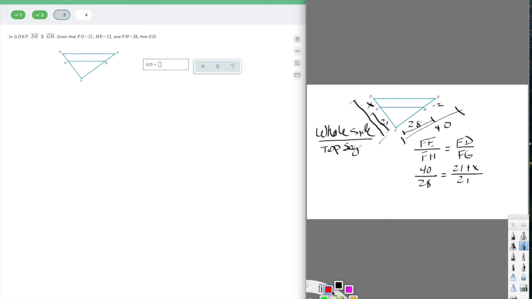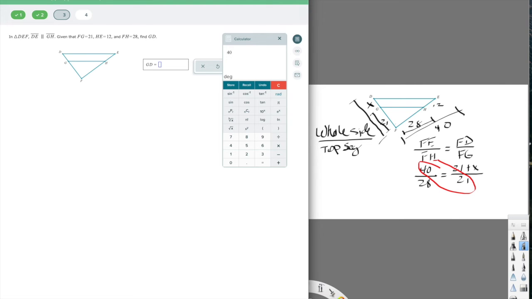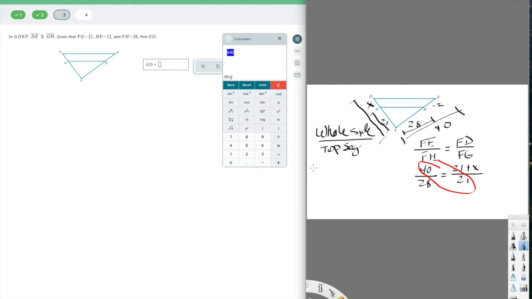I have a ratio equaling a ratio, so we can go back to proportion, so we can just multiply these together. And they did give me a calculator, which is very nice of them. So 40 times 21, and we get 840 equals, and we'll do the cross multiplication this way.